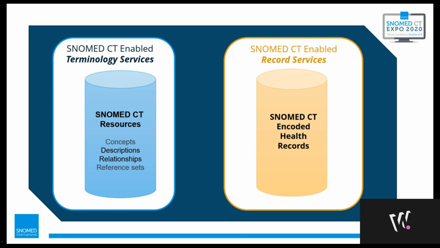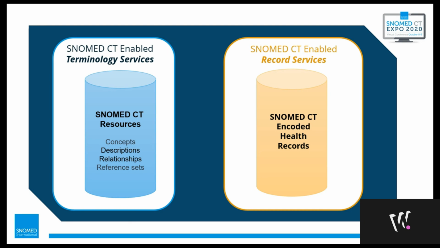Let's just briefly explore how terminology services relate to the design of electronic health records. As shown in this slide, an effective way to design an electronic health record is to separate the terminology services from the record services. Using this architecture, the role of the terminology services is to manage the terminology-specific tasks, while the record services use the terminology services to manage the health record tasks.